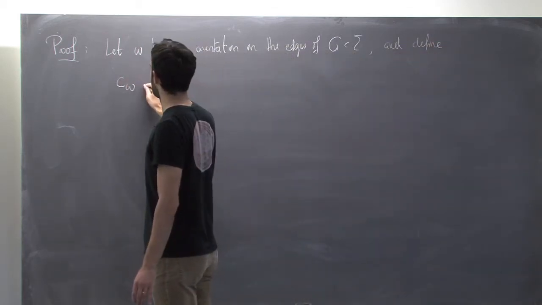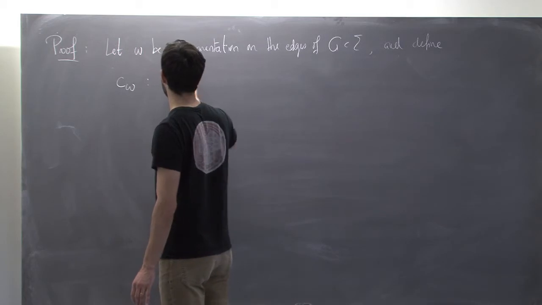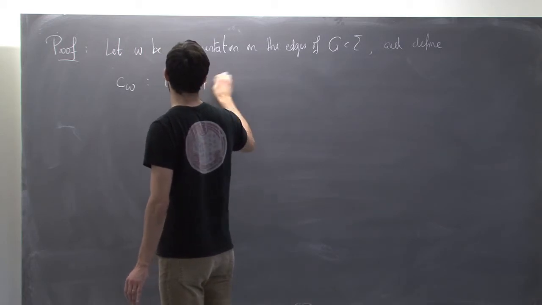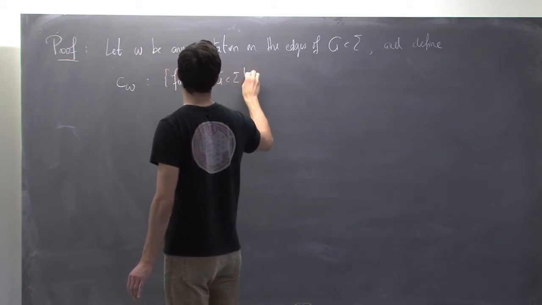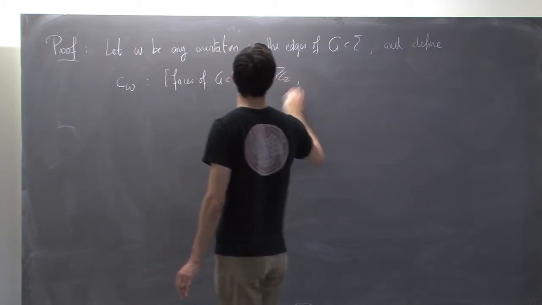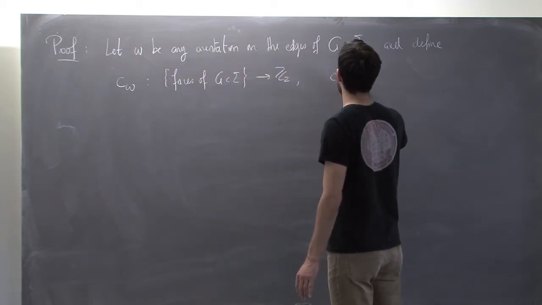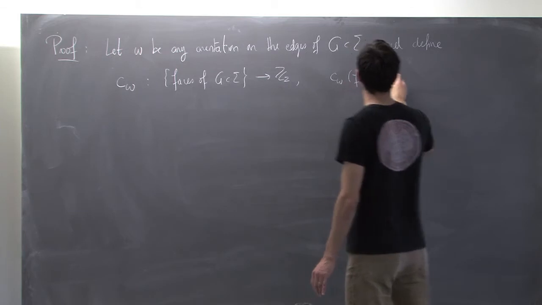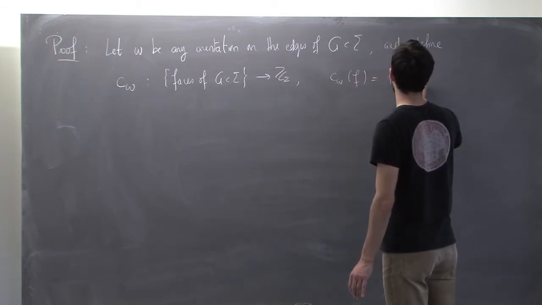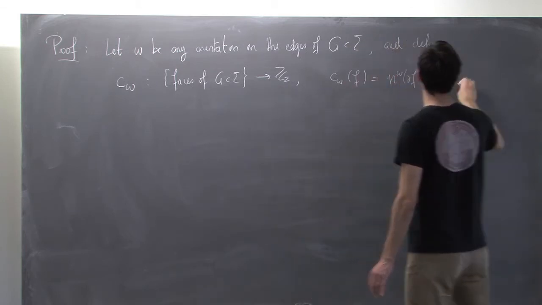C omega. It's a map from the set of faces of G and sigma to Z2, defined by C omega of F is N omega boundary of F plus 1 modulo 2.